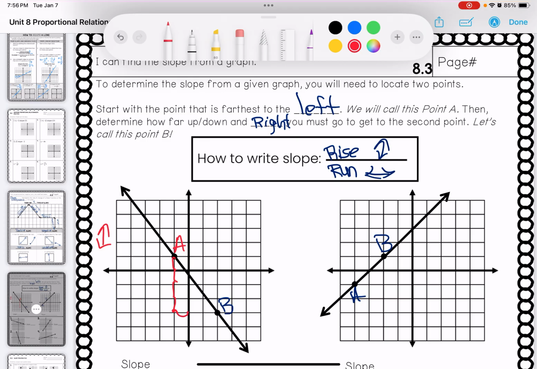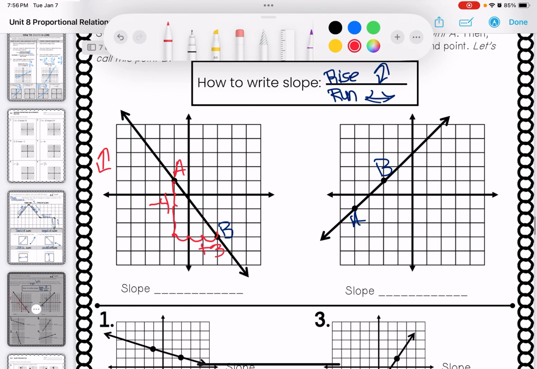So I went down 4, so that's -4. And then I went towards the right, which is a +3. So my slope is -4 over 3. Don't erase. I'm going to show you what happens if you start on the other side.